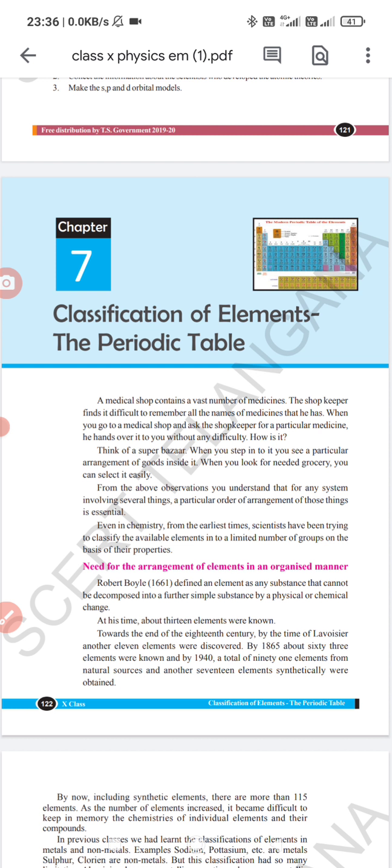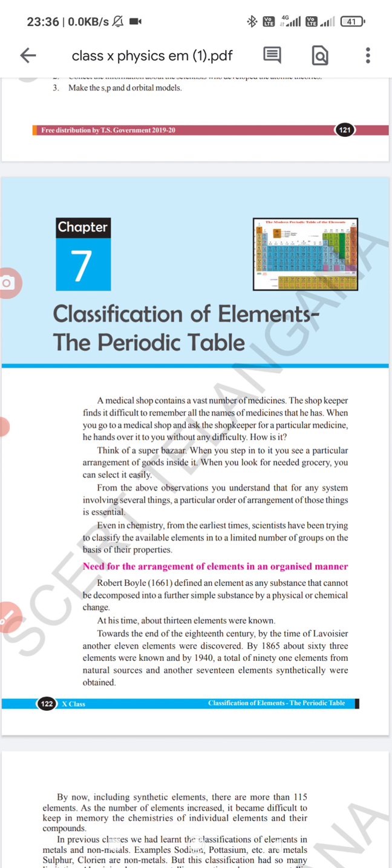I will read it. Think of a super bazaar. When you step into it, you see a particular arrangement of goods inside it. When you look for a needed grocery, you can select it easily. From the above observations, you understand that for any system involving several things, a particular order of arrangement of those things is essential.